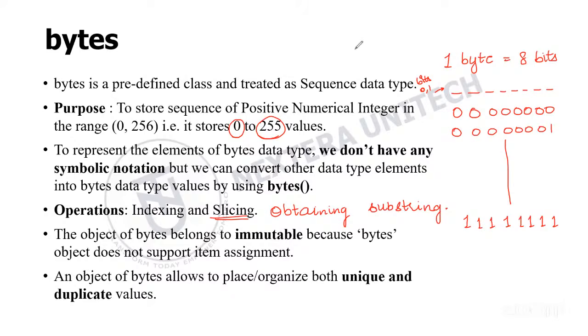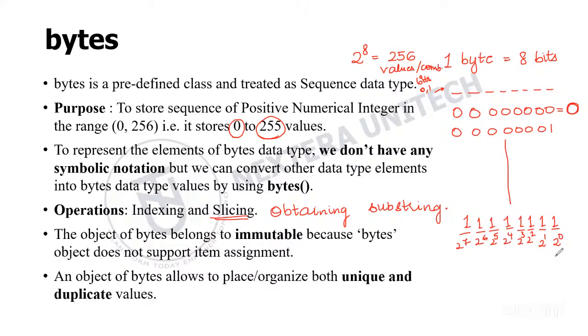The formula for finding the combinations is 2 power n. So 2 power 8 is equal to 256 values or combinations. If they are all zeros, the value is 0 only. Now for all ones: this bit is 2 power 0, this bit is 2 power 1, then 2 power 2, 2 power 3, 2 power 4, 2 power 5, 2 power 6 and 2 power 7.